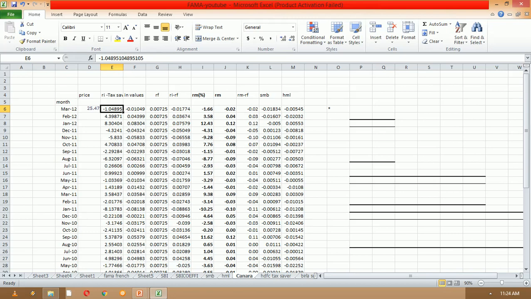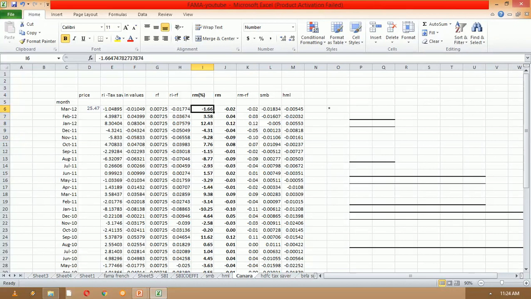We need it in values, so convert it into values. And again, the risk free rate of return, that is 8.7. Again, we need monthly return, so that is converted into monthly return and in values. This is Ri minus, that is the return of the fund minus the risk free rate of return, and this is the market return of a particular month.